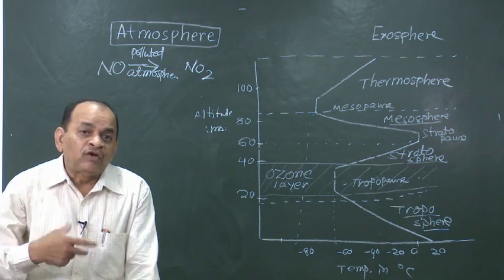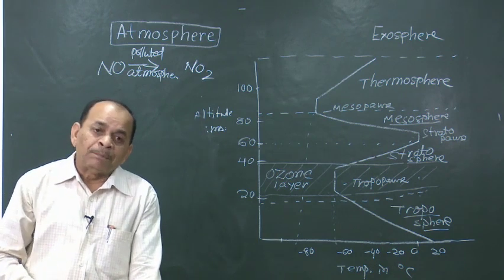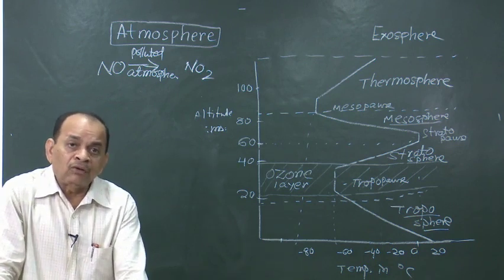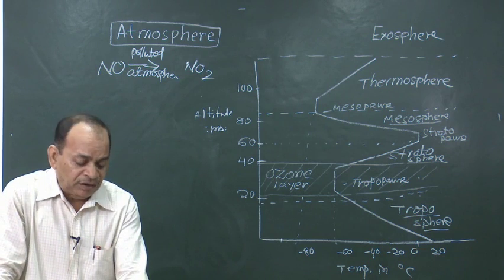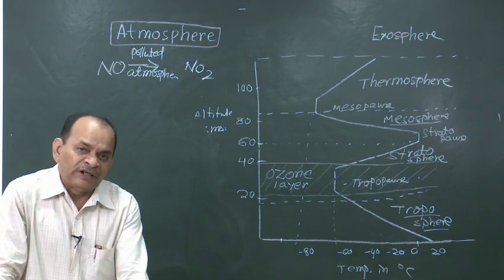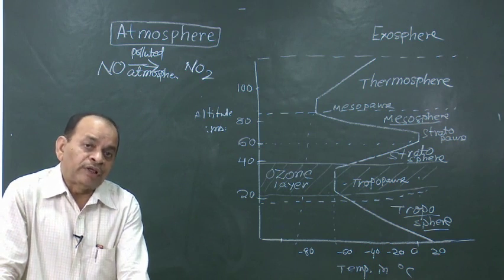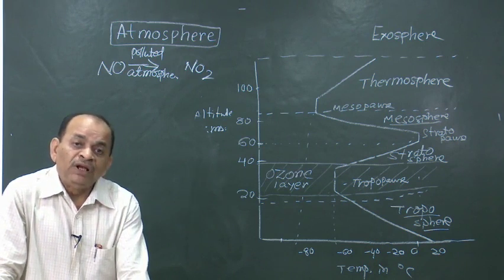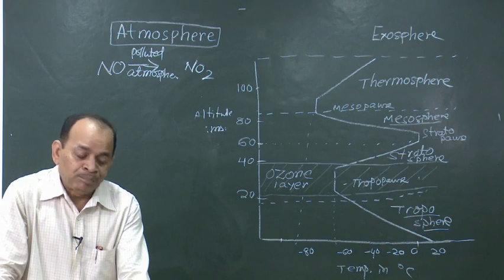So, it is the heated sphere. Temperature may reach up to 1100 degrees centigrade at heights above 120 kilometers, and the layer extends up to 350 kilometers.